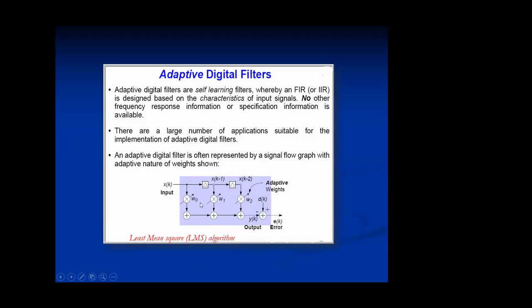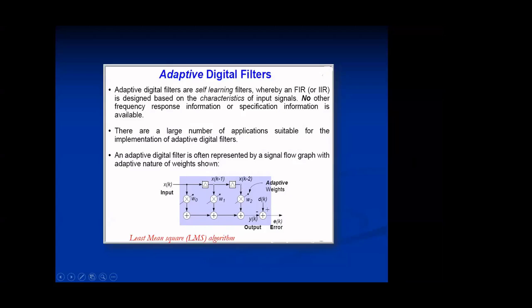One of the famous algorithms according to which the weights vary is called the least mean square algorithm. It is famous because of its simplicity, so in many applications LMS algorithms are used. As per the LMS algorithm, how will the filter weights be changed? Basically, in an adaptive filter we have three operations.